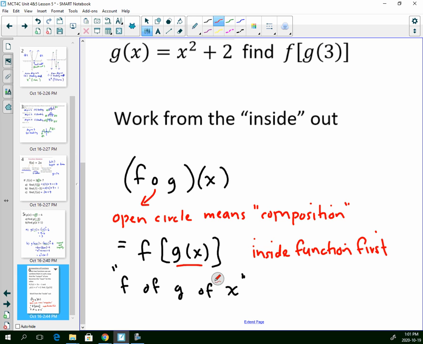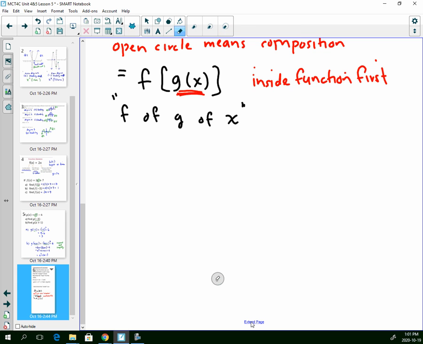So that means this function we always apply first, and then the answer to the inside function becomes the input for the outside function. So for example, remember that we have 3 ways to represent functions. We can use ordered pairs, or a table of values. We can use a graph, or we can use an equation. So let's say I had a set of ordered pairs.